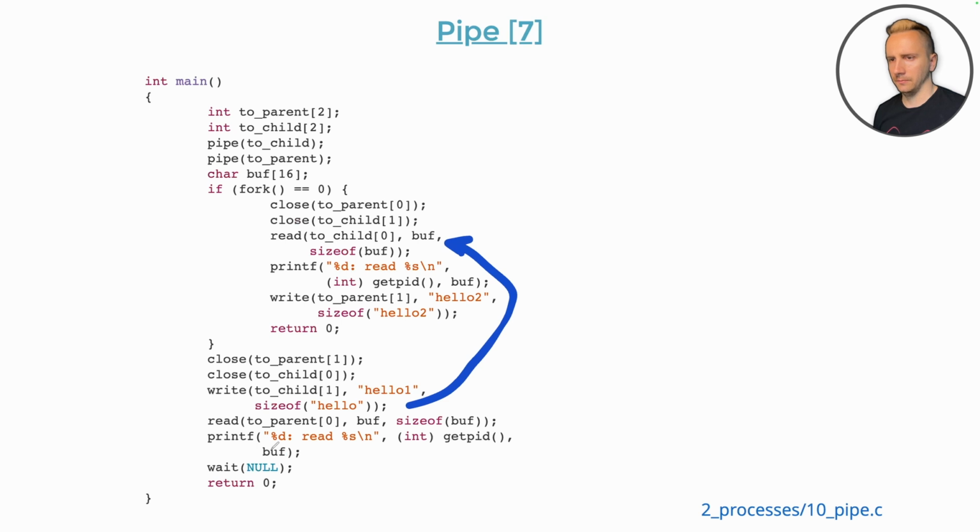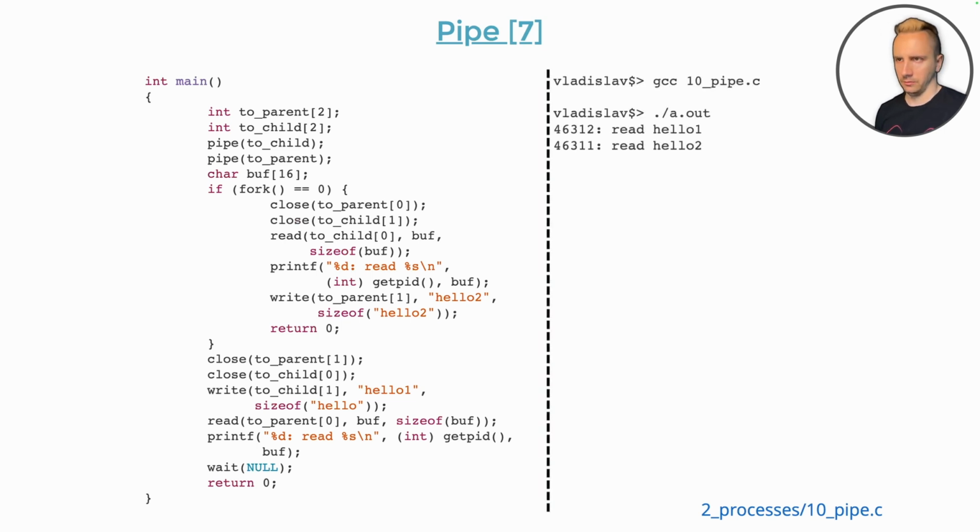And then it will read the result from the child. And then we print whatever was done, and then we wait until the child is terminated. And it works. Look, we were able to send hello1 message to the child and receive hello2 message from the child. So the 2 processes are communicating.